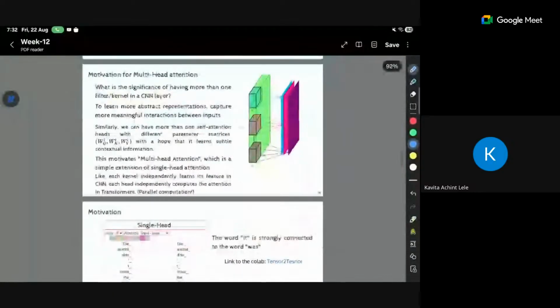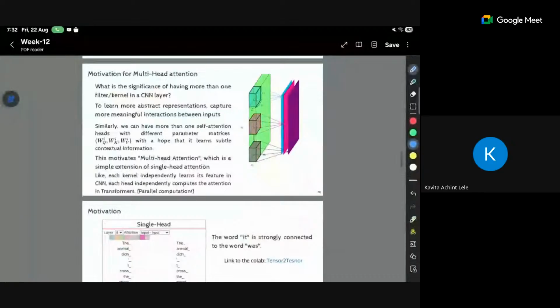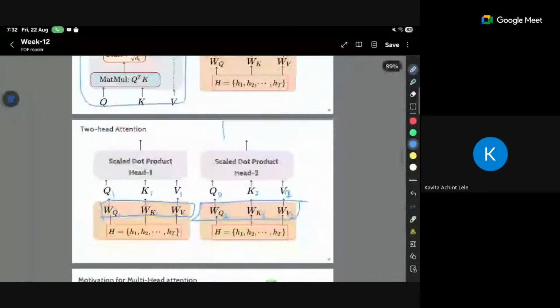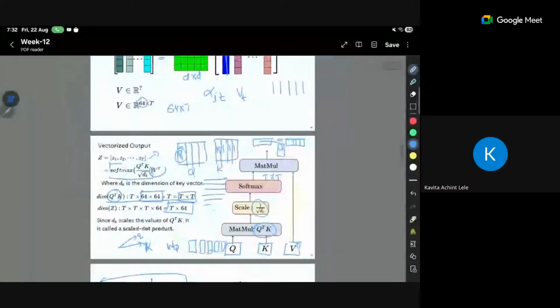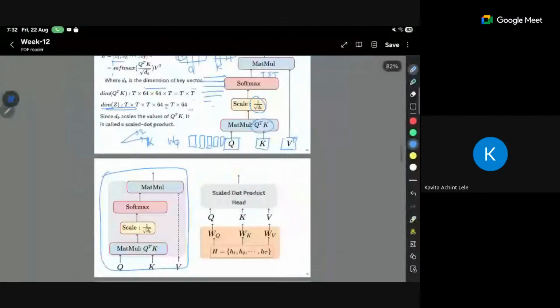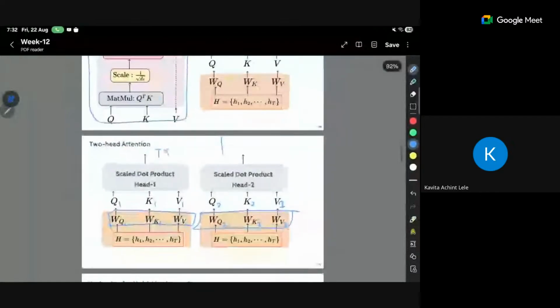But if we do that, we have two heads. Let's say the first one produces, so from this you can see the dimension of Z is going to be t cross 64. This also produced t cross 64.